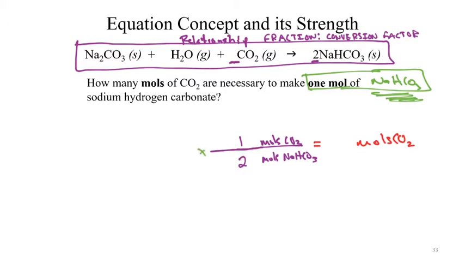I know moles of sodium hydrogen carbonate must disappear, so I'm going to place that in the numerator so that that unit can cancel. The number associated with it from my question was 1. And I would now see that I get 0.5 moles of CO2.